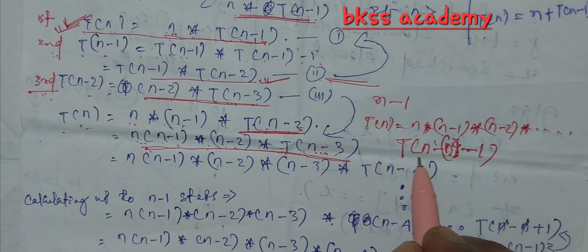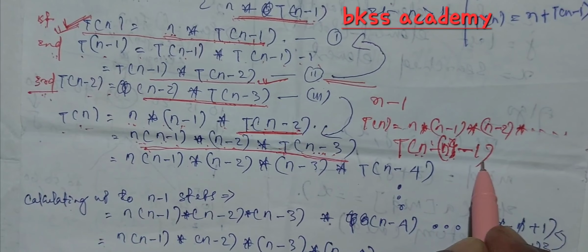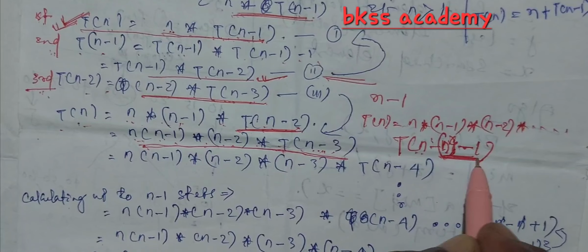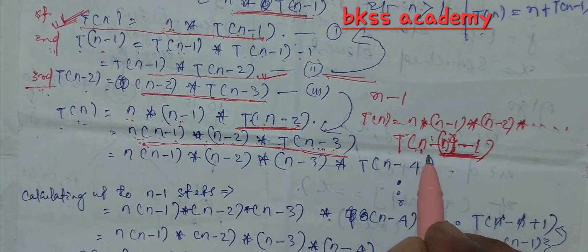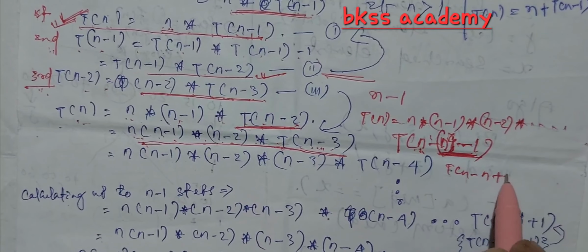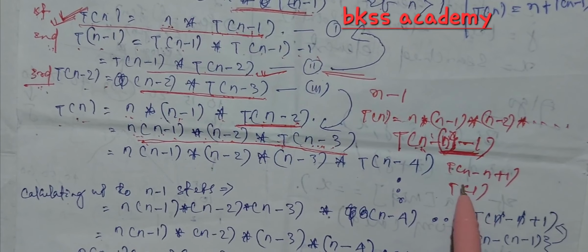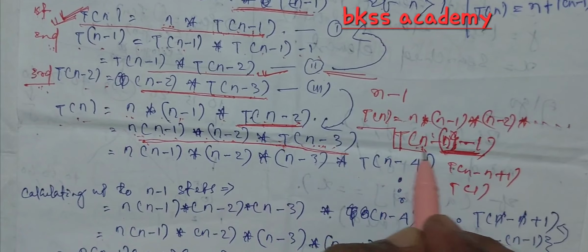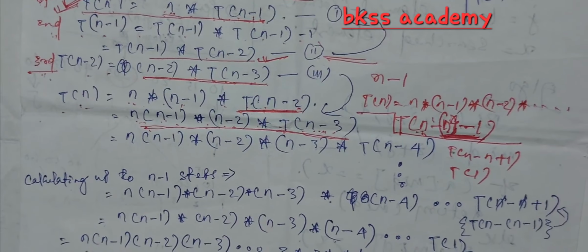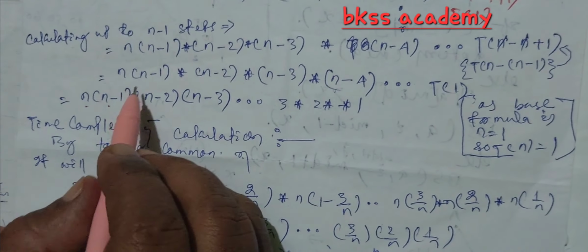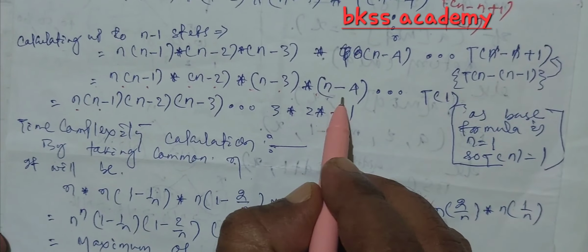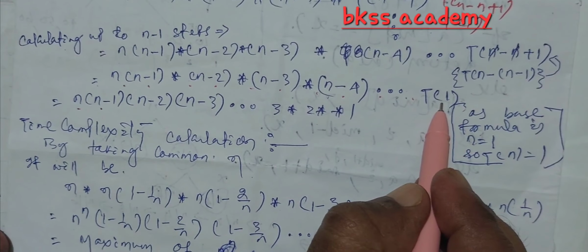That will be T(n-(n-1)), because the particular term will be subtracted from the n term. So this one will be T(n-n+1), that is T(1). So this total expression will be n into (n-1) into (n-2) into (n-3) and so on up to T(1).